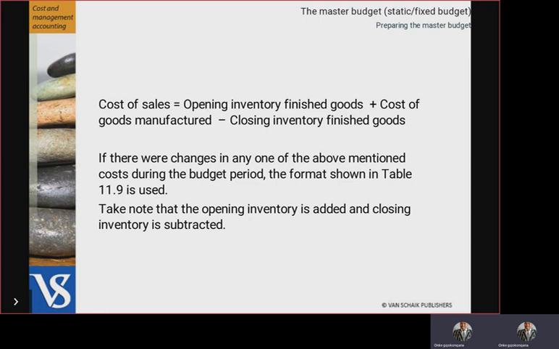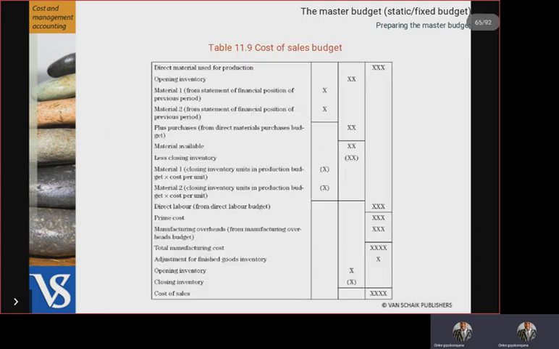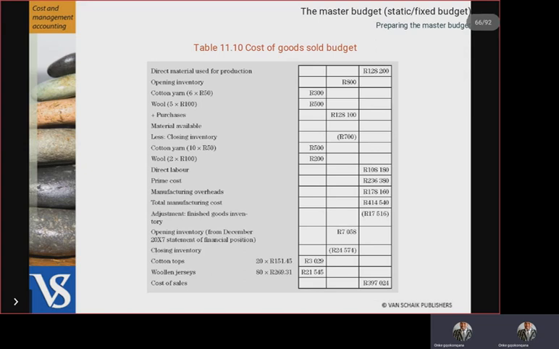Take note that the opening inventory is added and the closing inventory is subtracted in that table. So this is table 11.9 that we are talking about. We are just going through the solution of exercise 11.1 and seeing how it's done.